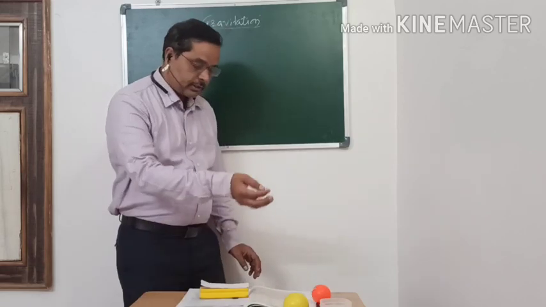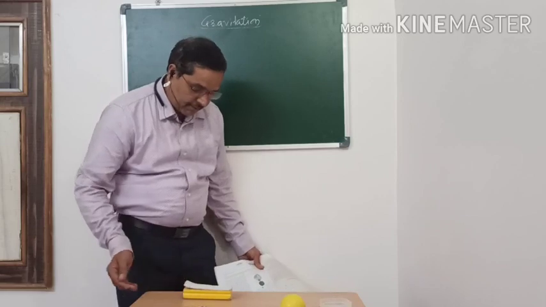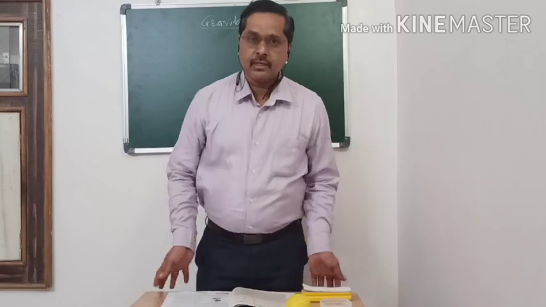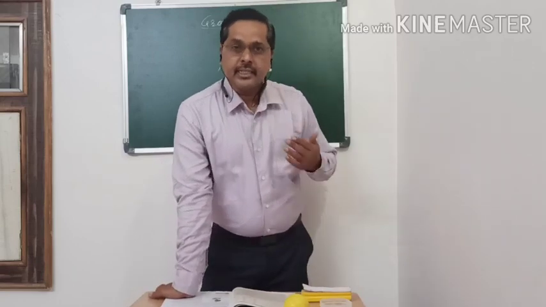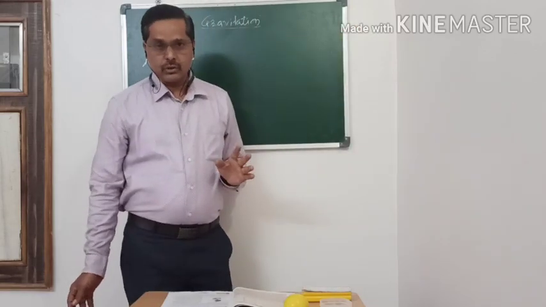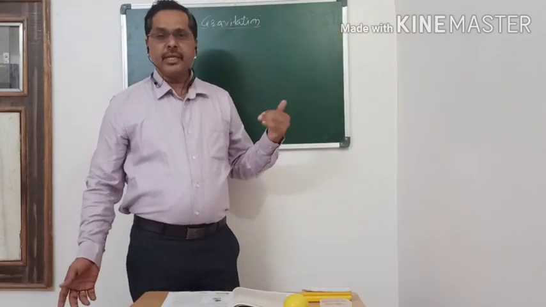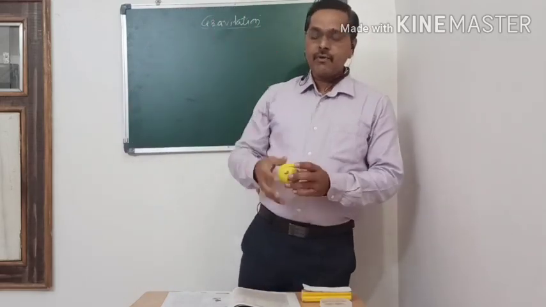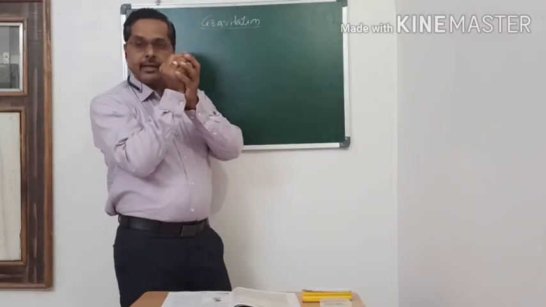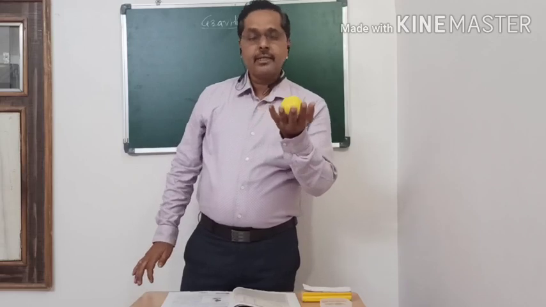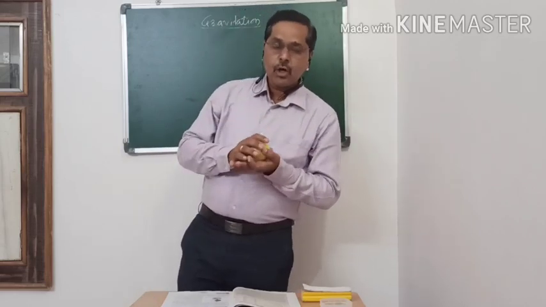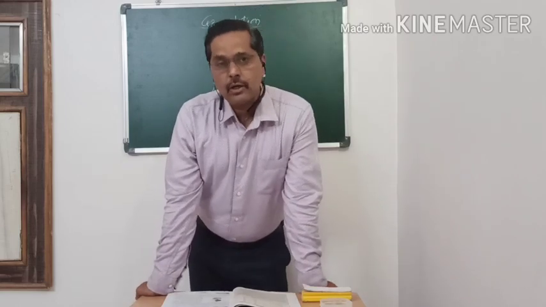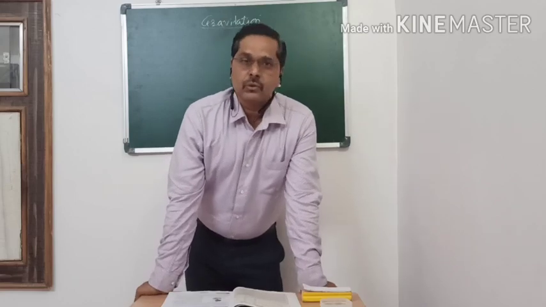If I apply force on it, then definitely we can see some effect. The stationary object is set into motion, that is an effect of force. There are many such effects. If an object is already in motion and I apply force on it, then it may come to rest, that means it stops, or it may change its velocity, that means its speed or direction. That is the effect of force.